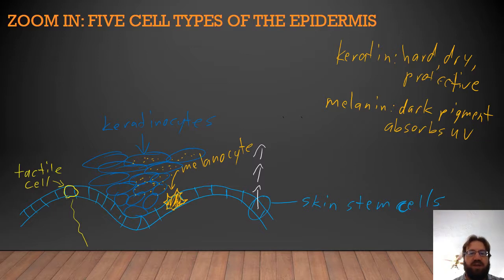There's one other cell type in your skin, and that's sort of the paramedic of the skin. These are cells that live in between other skin cells, and they have little processes that stick out that look kind of like tree branches.